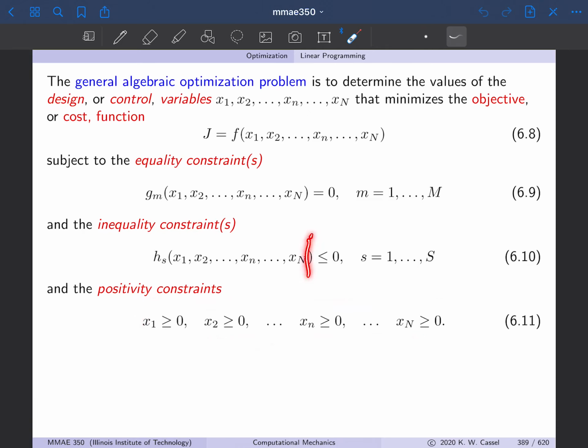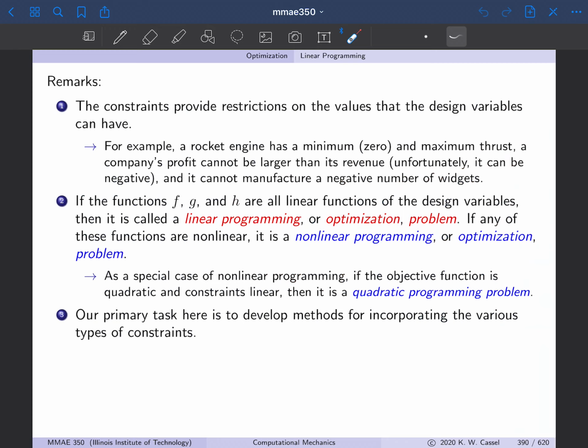They're not always going to be less than or equal to, and they're not always going to be minimization. We'll talk about all the various possibilities and variations on this as we go through it. So these constraints provide restrictions on the values that the design variables can have.